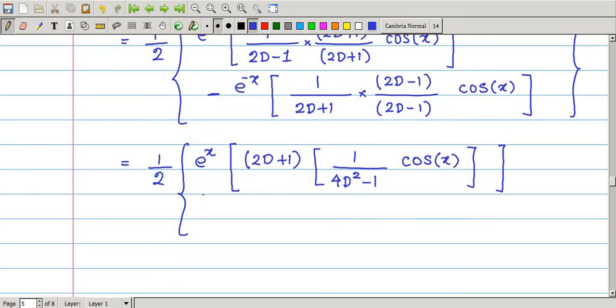Same is the case with minus e raised to minus x into 2 times d minus 1 into 1 upon 4 times d square minus 1 into cos x.